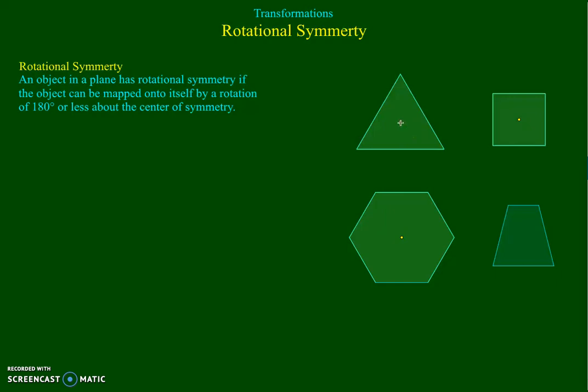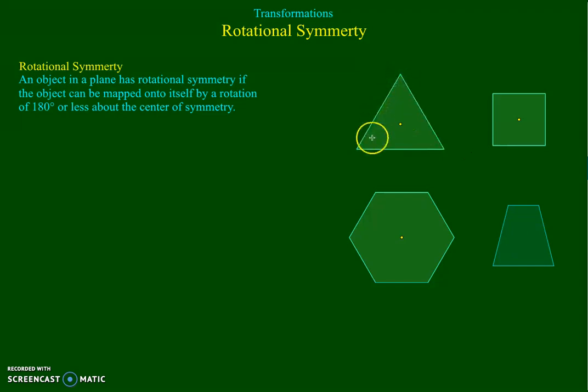Up to this point, we've done rotations where the point is outside the object. In our case, it was the origin. In this case, the point of rotation around which we're going to rotate all the points is the center. You can think of it as the center of mass, but it's the center of symmetry of the object.